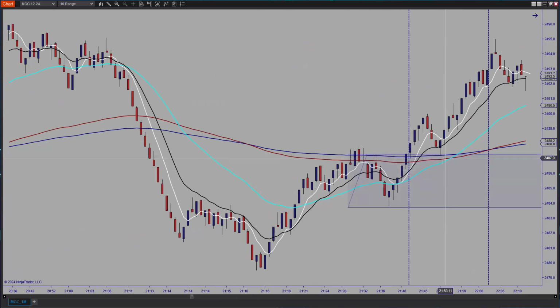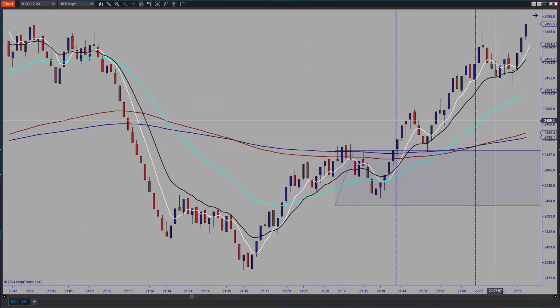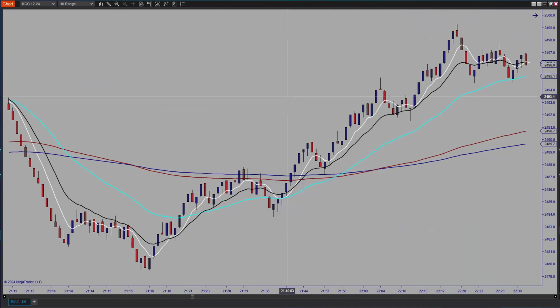Let's assume this didn't tag the zone here. At what point do we want it to come back? I would say when it leaves the zone, if it clears your target and then comes back, okay. If it does not clear the target and comes back, and in this case, it had tagged before it crossed anyway. So make sure there's some room there to get yourself in.